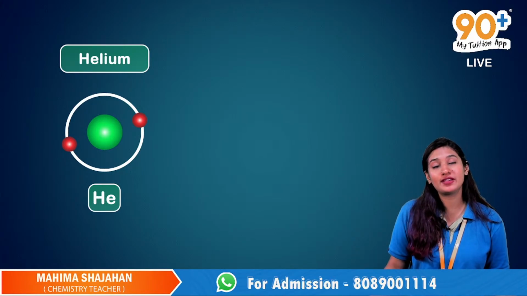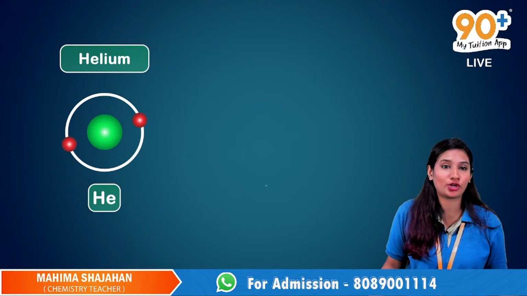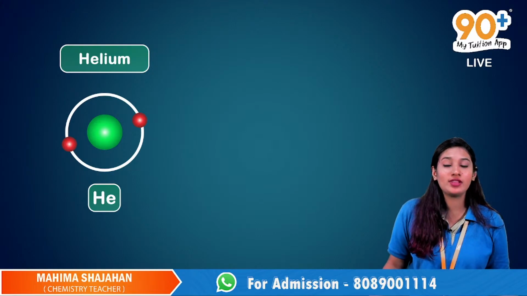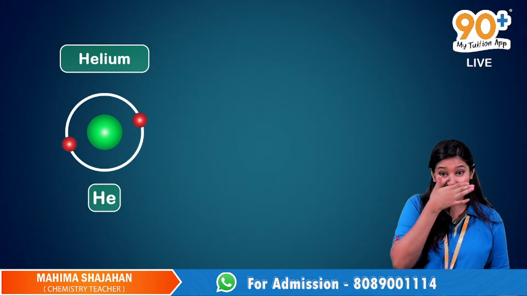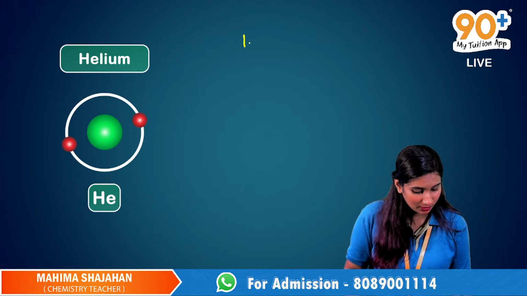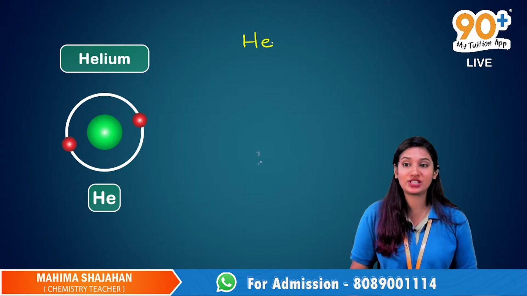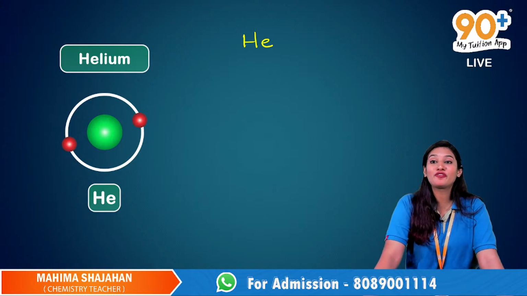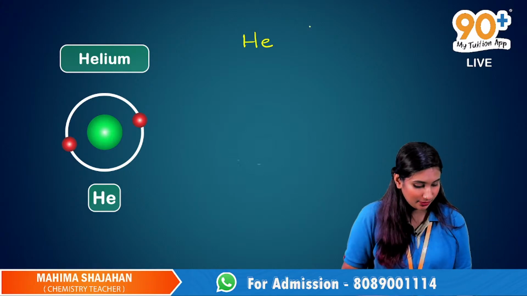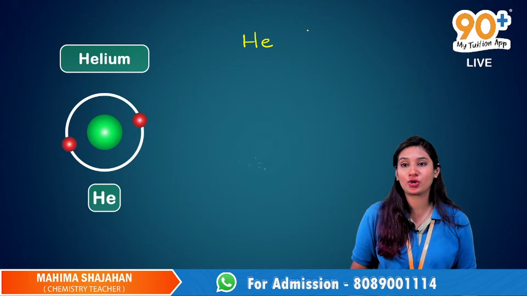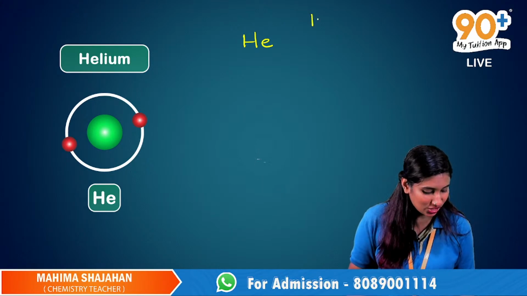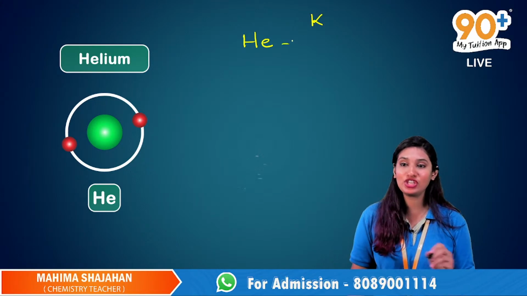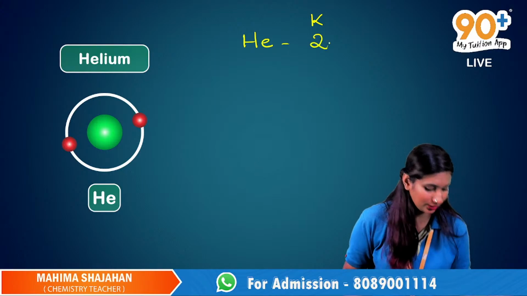Now, sometimes they will ask you to write the electronic configuration. When they ask like that, helium is represented as He. The electronic configuration of He is: there are a total of 2 electrons and the first shell is the K shell, so in the K shell there will be 2 electrons.